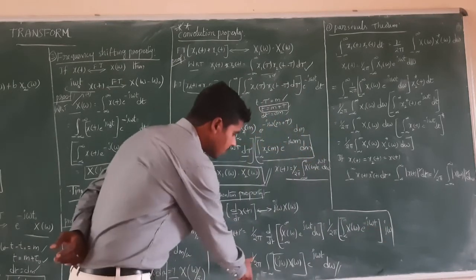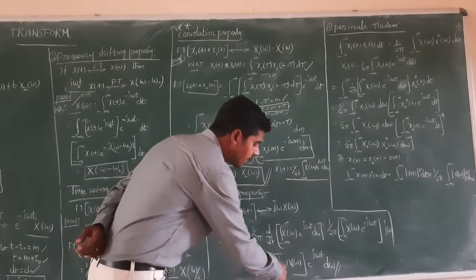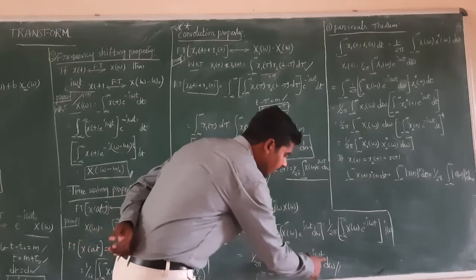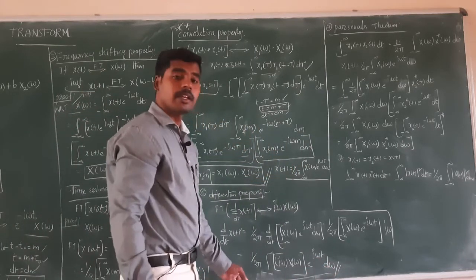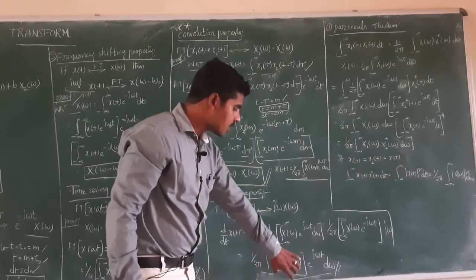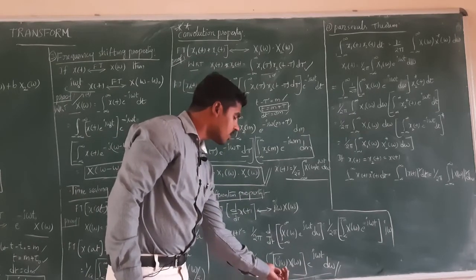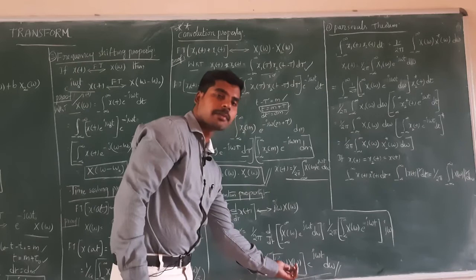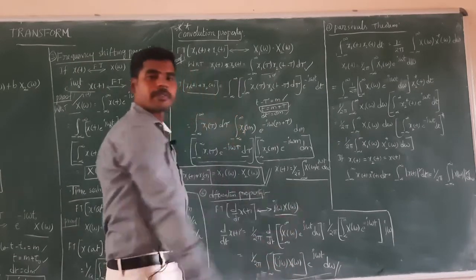So that gives rise to 1 by 2 pi integral from minus infinity to infinity j omega into X of omega e power j omega t d omega. Now if you observe this equation, it is a standard form of the inverse Fourier transform equation. We prove it by comparing with the standard equation: in place of X of omega we have j omega into X of omega, so this is equal to that.